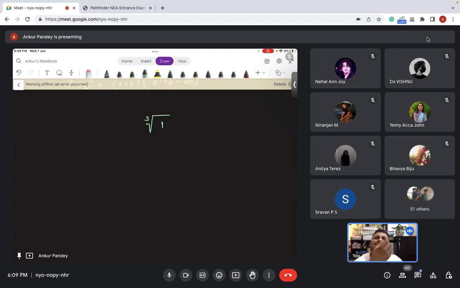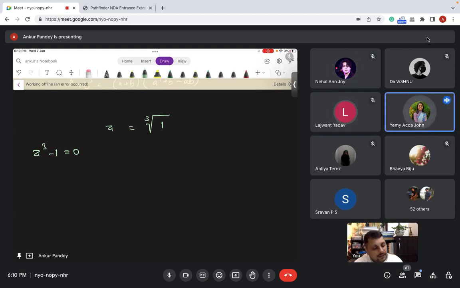Suppose there is a complex number z which is the cube root of 1. Hence, if I cube on both sides, z cube will be equal to 1, so z cube minus 1 equals 0. Yes or no?